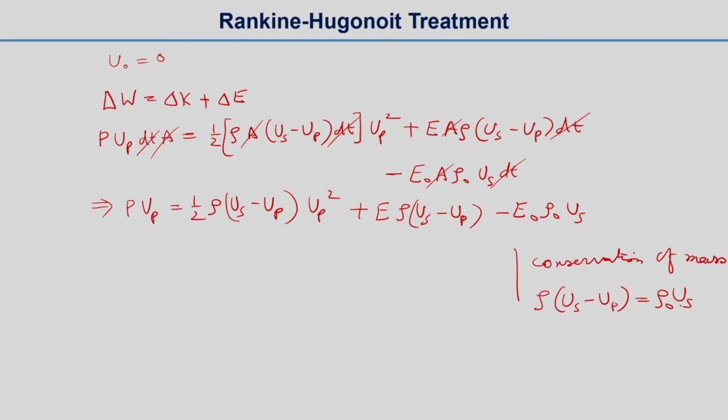If we substitute that, this will give us P up equals half rho naught Us, that is the shock impedance, times up squared, plus we can simplify more, rho naught Us (E minus E naught).